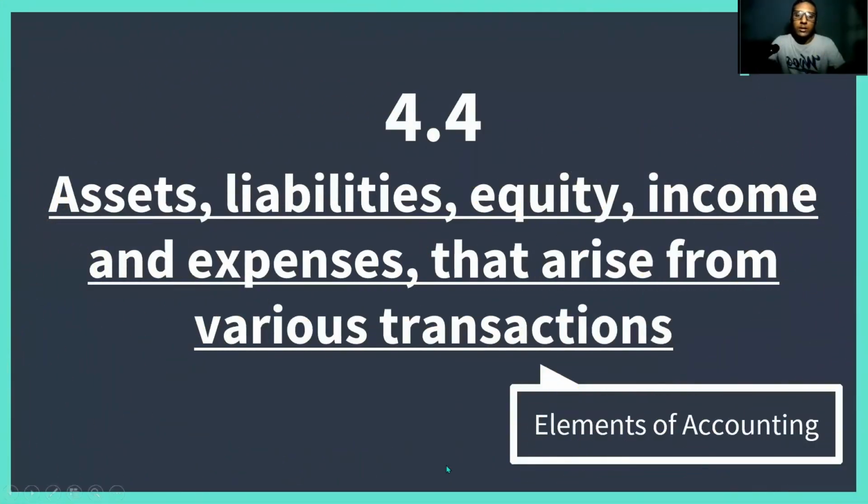4.4. So under 4.4, we have assets, liabilities, equity, income, and expenses that arise from various transactions. So බලමු අපි මේ මොනවද කියලා. Elements of accounting, right? Okay, now you guys know the answer.